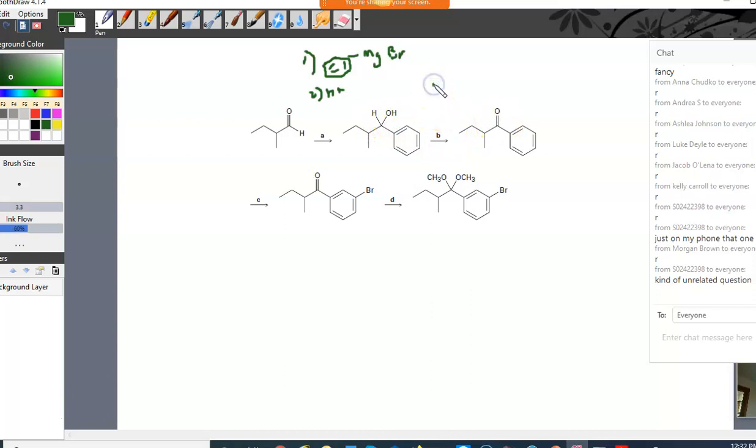So you can either use PCC, or, in this case, since it's secondary, you can add CrO3 in acid or Na2Cr2O7 in acid. To get the meta bromine, that's chapter 5 stuff, the aromatic, so Br2 and FeBr3. And then this is the acetal, so 2 equivalents of CH3OH in the presence of acid.